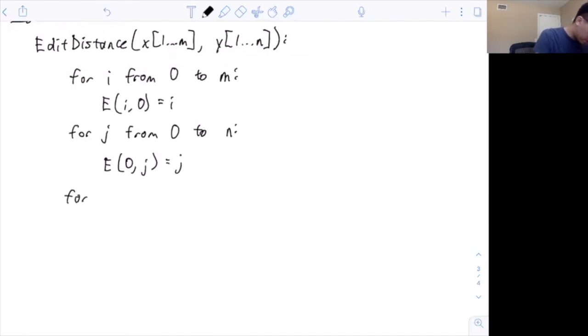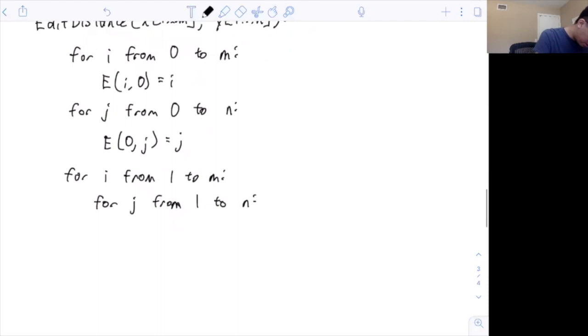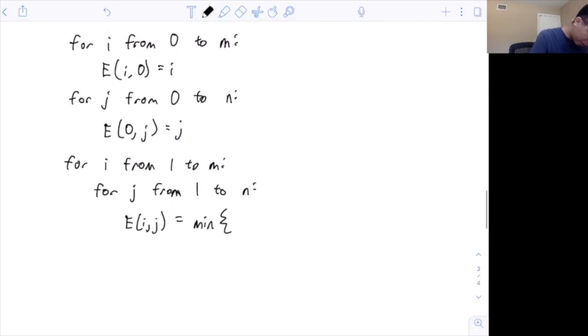And then now we do our recurrence relation. So for i going from 1 to m, and then for j going from 1 to n, for every ij pair, e of ij equals the minimum of either a deletion, so whatever it took to get to e of i minus 1, j, plus 1, and then e of i and j minus 1 plus 1.